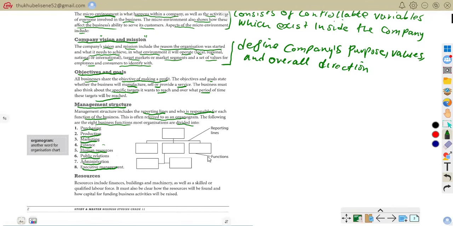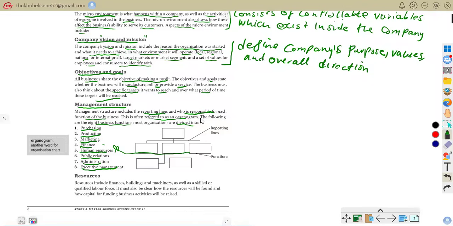So these are the functions that we are talking about. And remember that with these departments that we're talking about, there is no way these departments can function without one another.